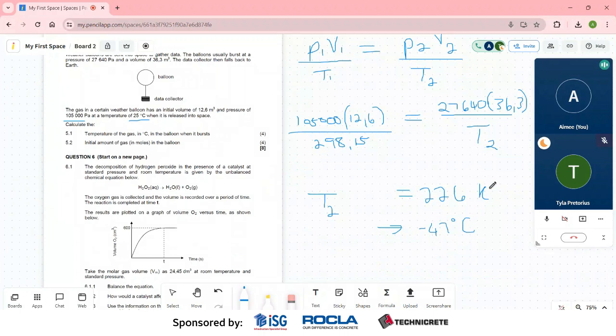You convert between Kelvin and Celsius by adding or subtracting. If you go from Celsius to Kelvin, you add 273.15. But if you're moving from Kelvin to Celsius, you subtract 273.15.